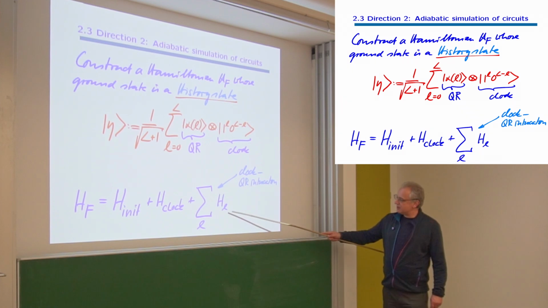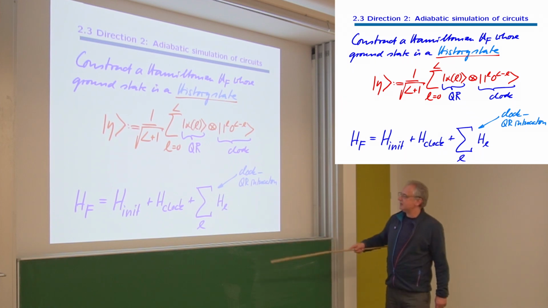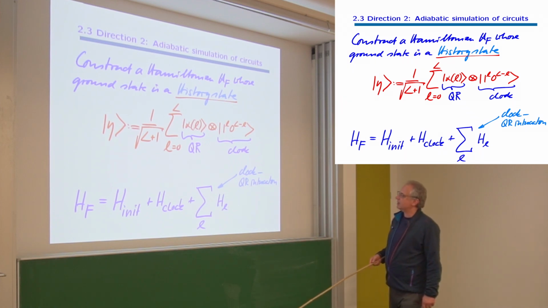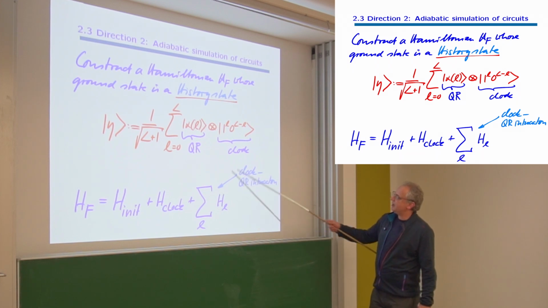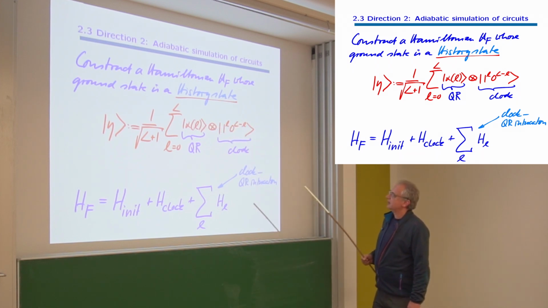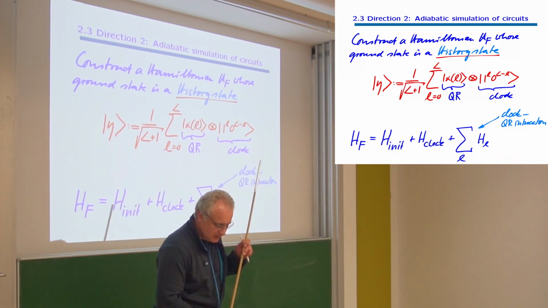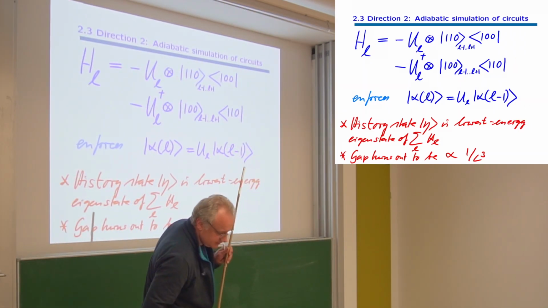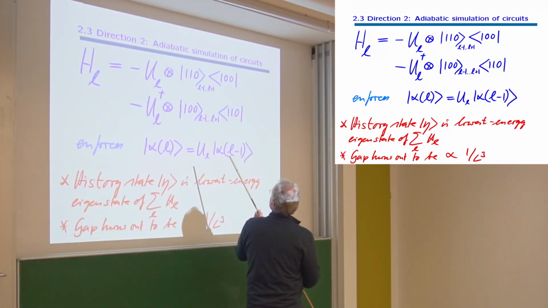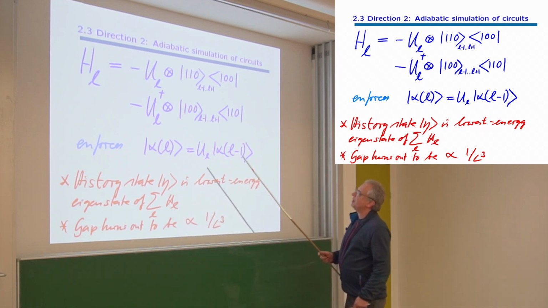But now the interesting part is that this is really the part of the Hamiltonian that makes for this superposition here. And this looks as follows. This is two parts.